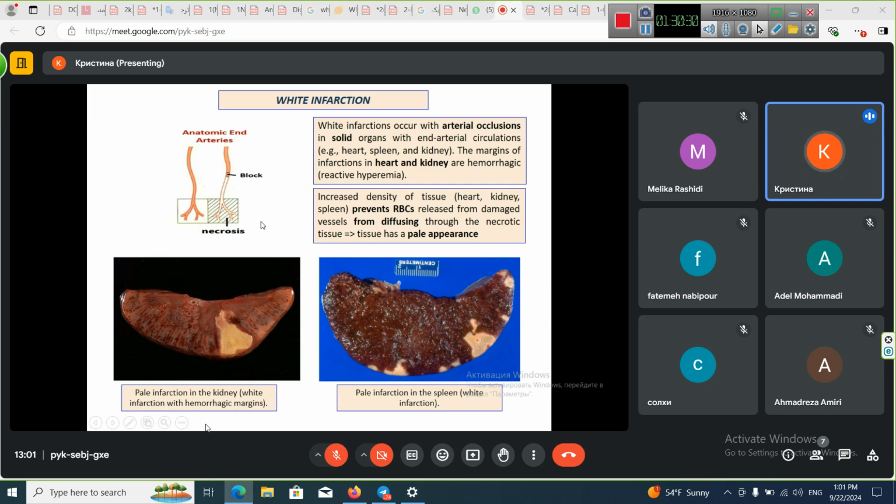White infarction in kidney, the same picture showing how it happened. So the artery which comes this way is split into smaller ones, and arterioles give blood supply to all this area.